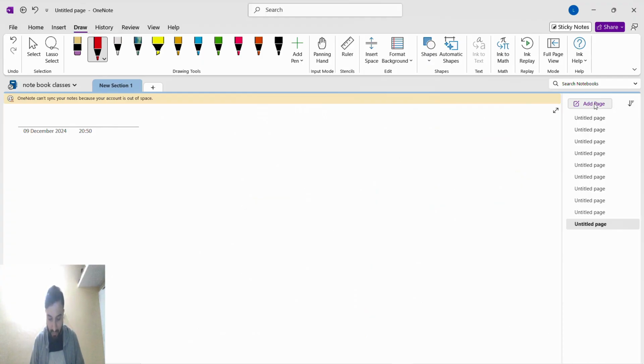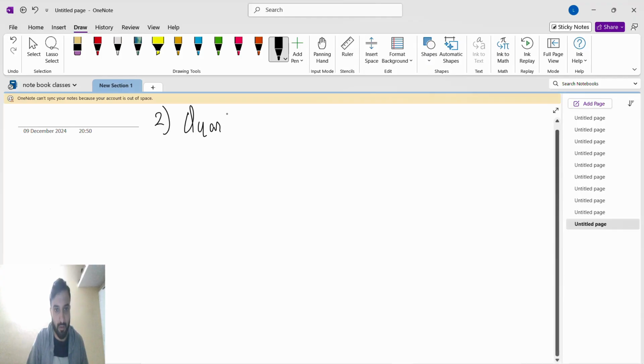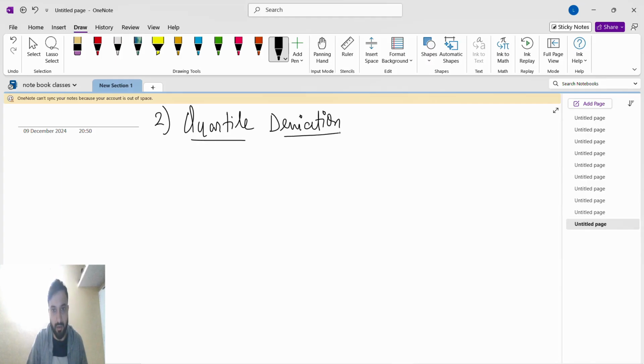Now we are going to start the second measure, that is quartile deviation. The quartile deviation is denoted by QD.